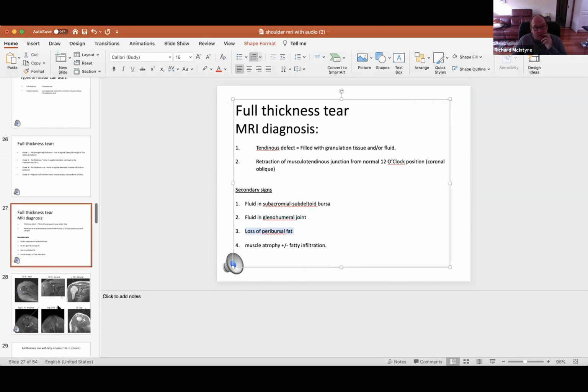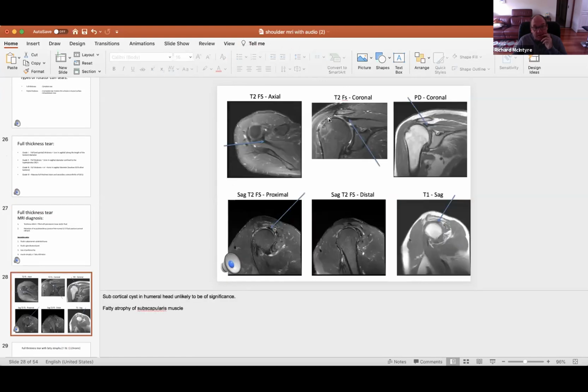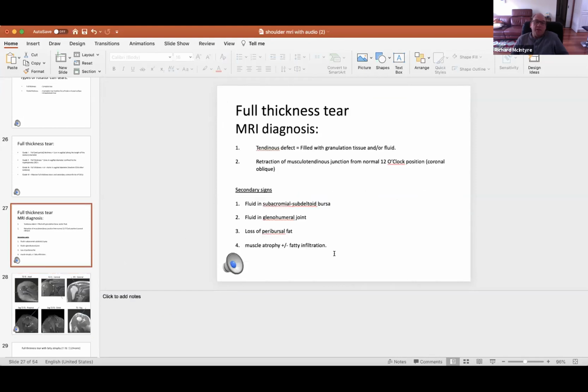We know that we're going to get fat around that bursa because the bursa stops the ligament from rubbing on surrounding tissue. There's a little layer there. If you don't have a bursa, you have friction. If you have bursa, you have a little bit of space. So you lose that fat in the bursa with a full thickness tear.